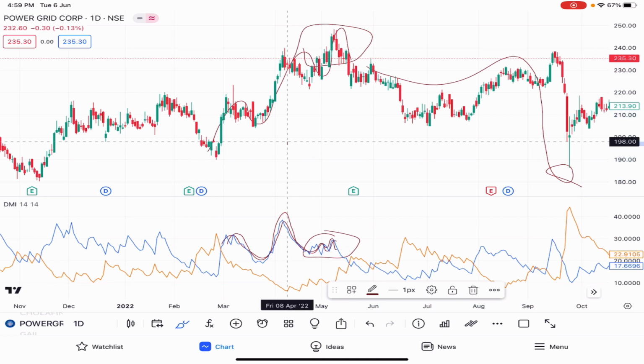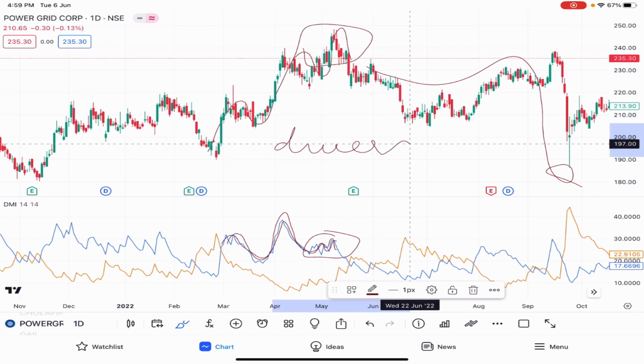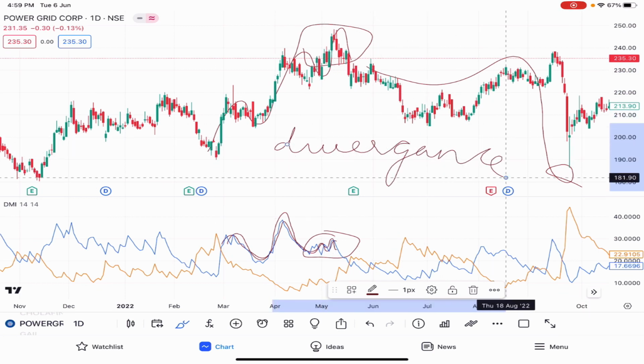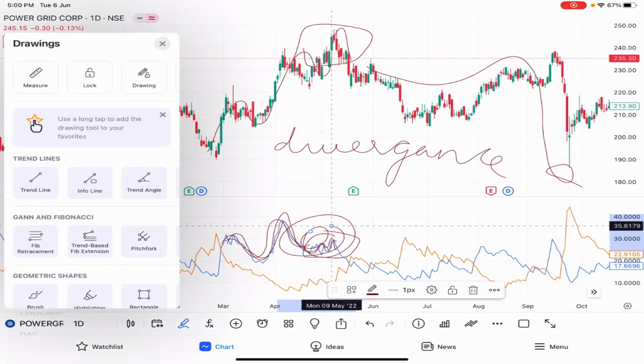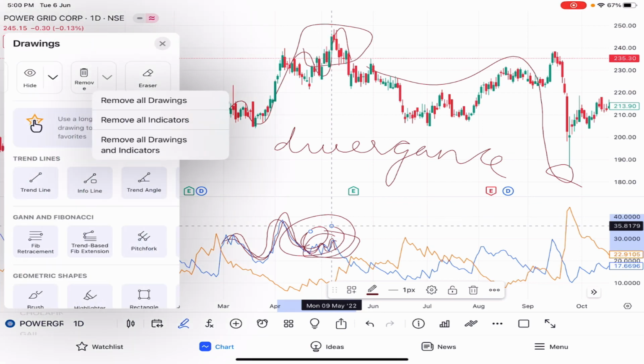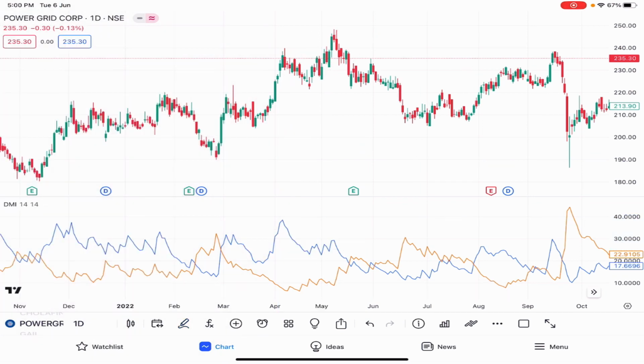So this shows a divergence, right? The price continued creating higher highs and higher lows, whereas your positive DMI stopped and in fact gave up somewhere over here. That gave you a signal that the strength is not that strong. So that is how you use it in the case of divergence. I hope that is clear.